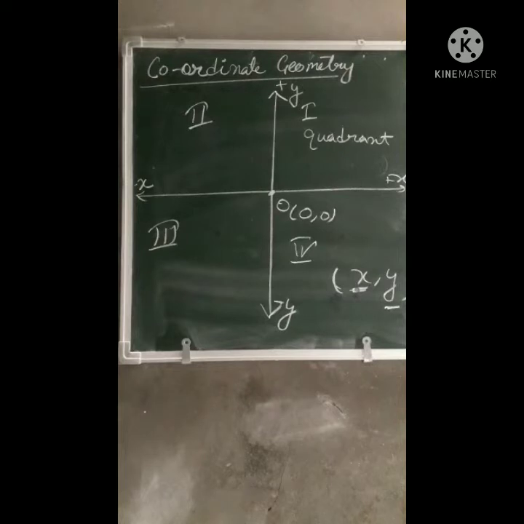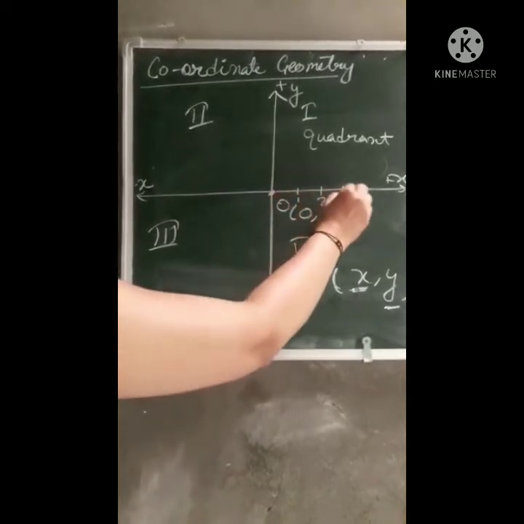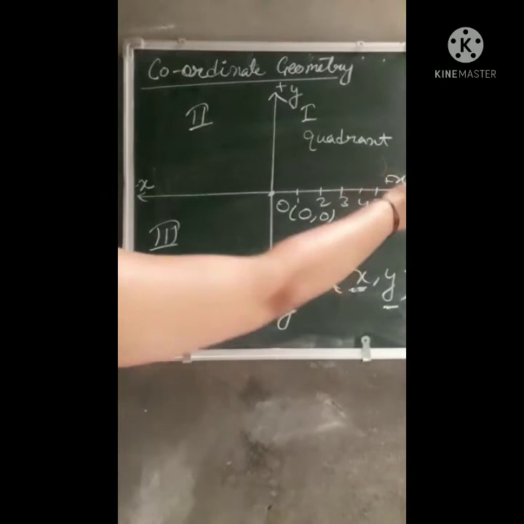Whenever we are locating on a Cartesian plane, we have to know in which quadrant the point will go. I am going to write some values: 1, 2, 3, 4, 5 and so on, as we need.